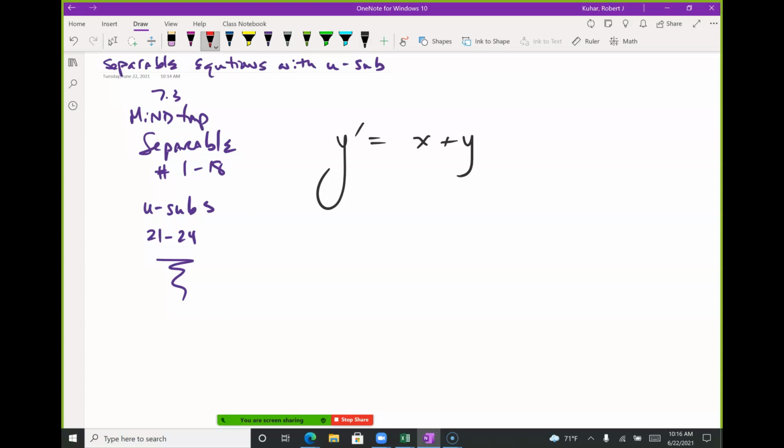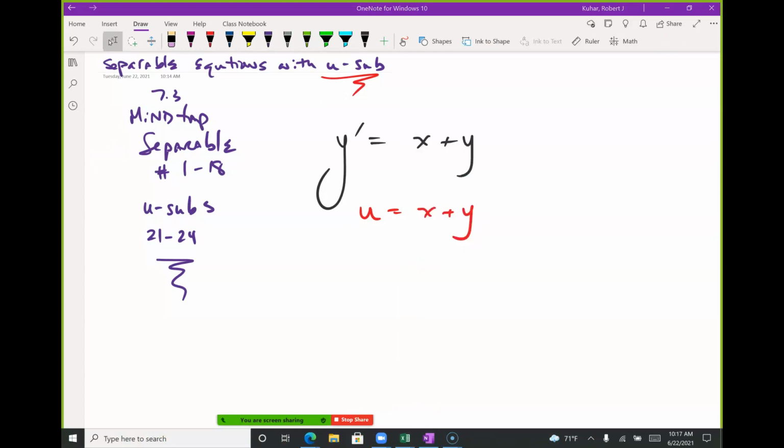In this case, the u sub is x plus y. So this is a separable equation with a u sub. Making sense there? First of all, let's graph this differential equation on a slope field.